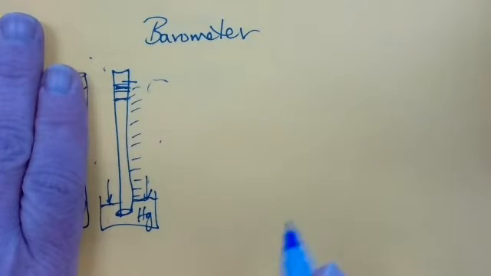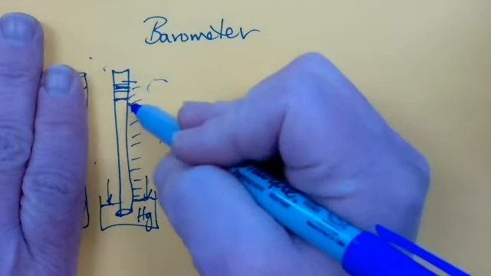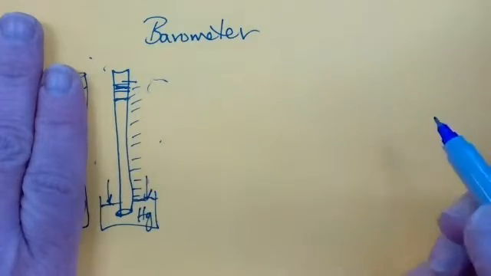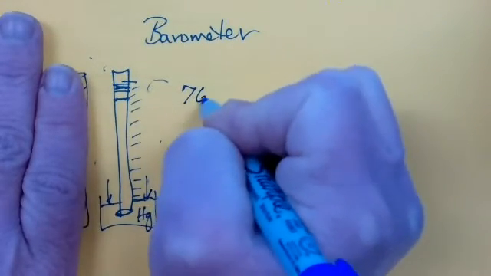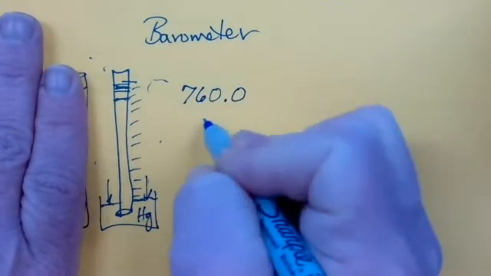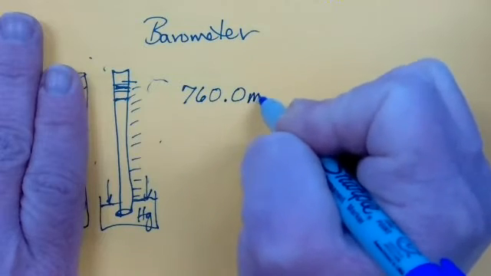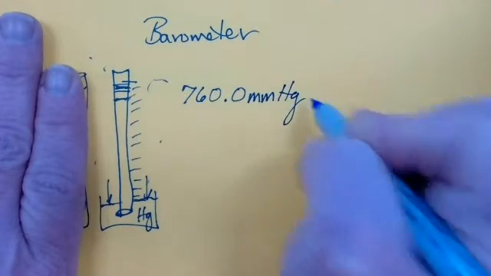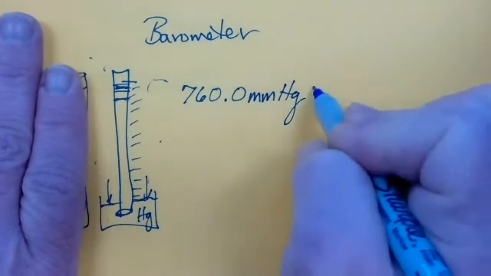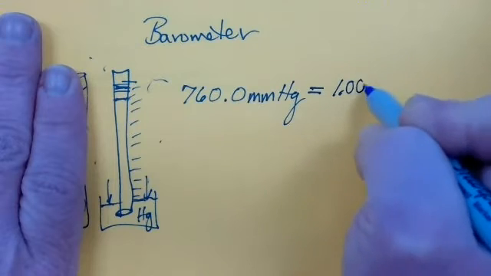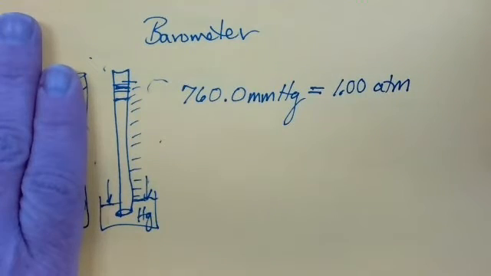So again, at sea level on a fair weather day, the height of this can be found to be approximately 760 millimeters of mercury.